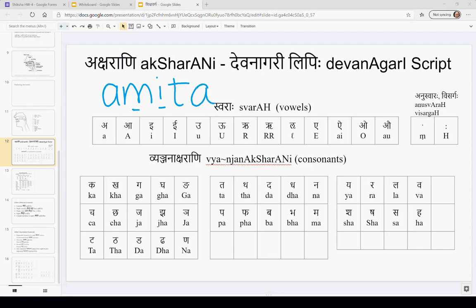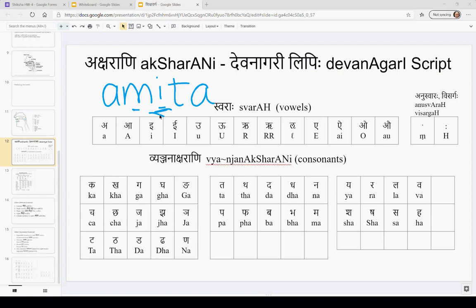Amita. Here the E sound, if it is a long sound, this is a short sound which might be fine, like Amita. And if it is a long one, let's say, I'm thinking of a long one which is falling in between and also at the end.